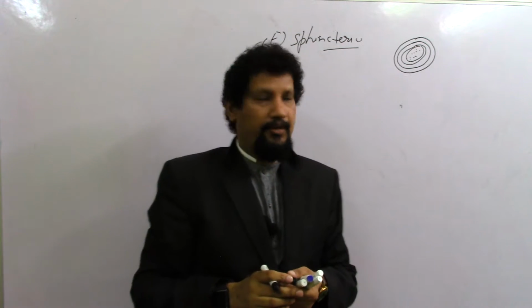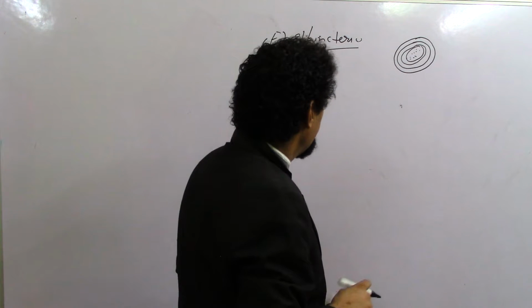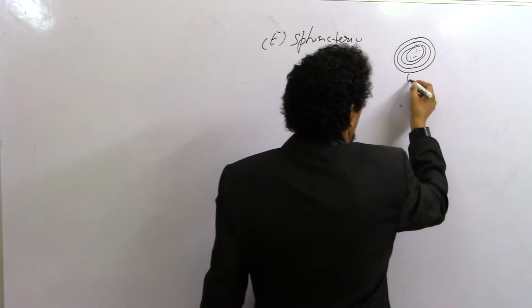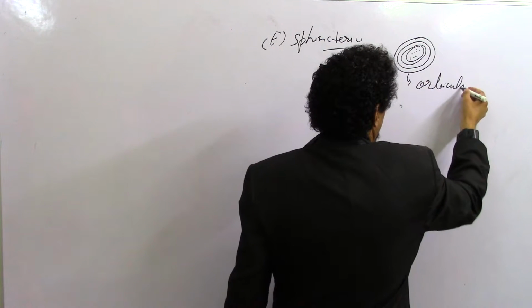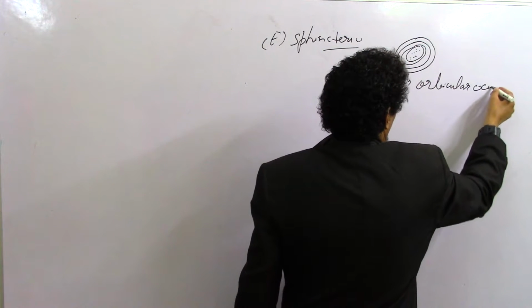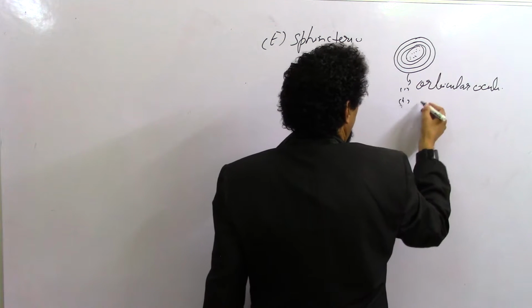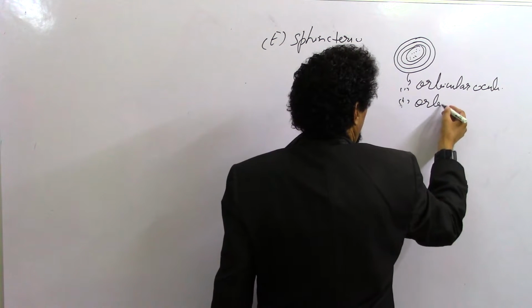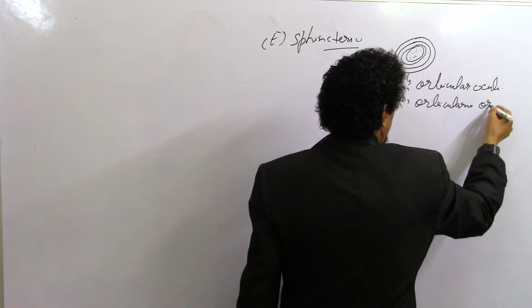This type of arrangement of the muscle fibers is seen in orbicularis oculi and orbicularis oris muscles.